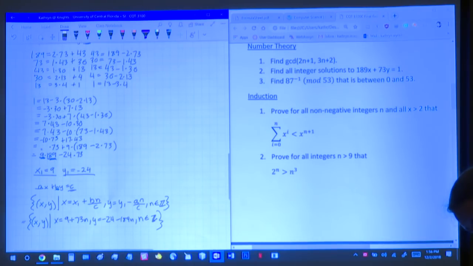Right. This should be 17. And this should still be negative 10. Then this would be 17. This will be 44, right? Okay, so negative 44, 17, 17, negative 44. Okay, I think that's correct.